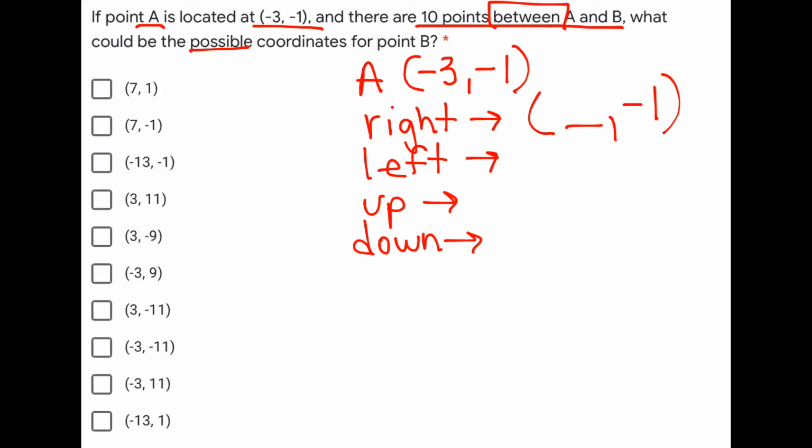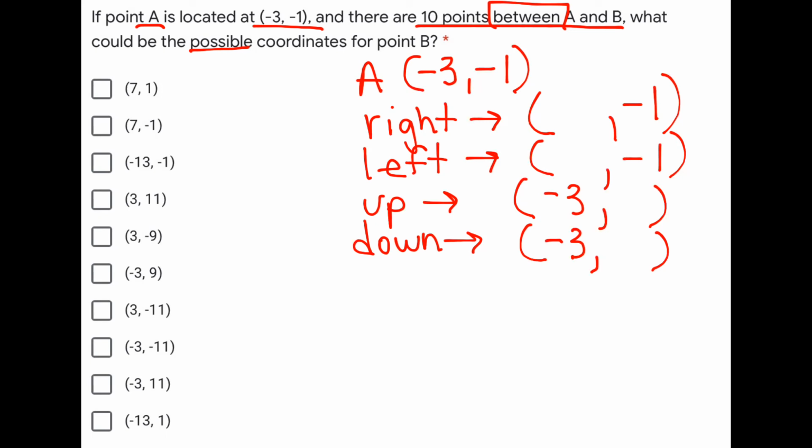I'm going to erase this because that's going to change. If we are going to the left, our x is going to change, but our -1 is going to stay the same. If we are going up, our -3 will stay the same, and our y will change. If we are going down, our -3 will stay the same, and our y is going to change.